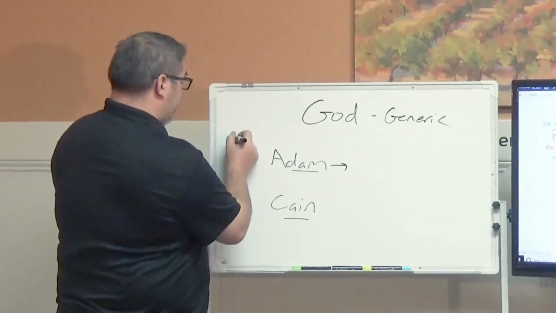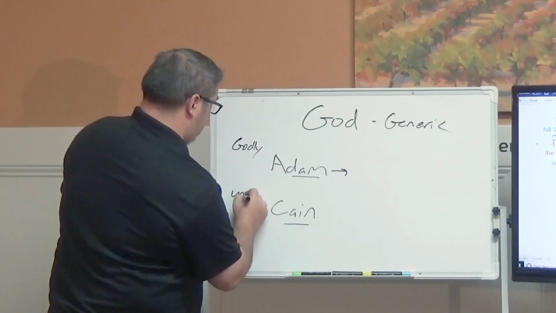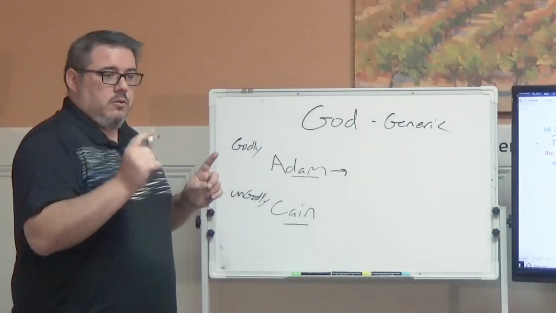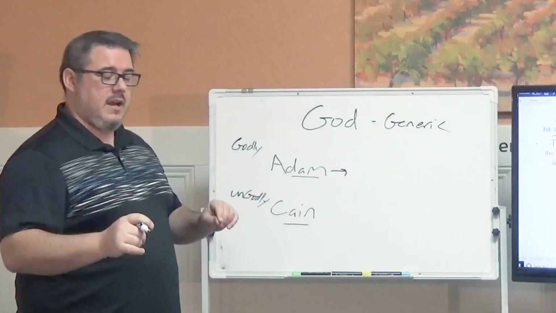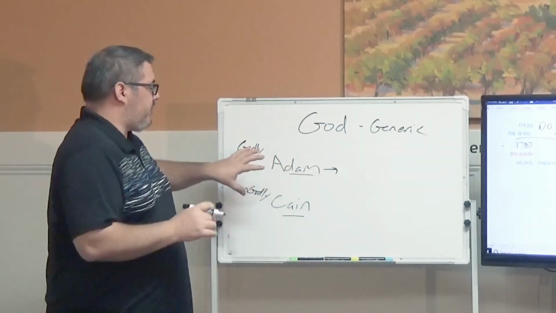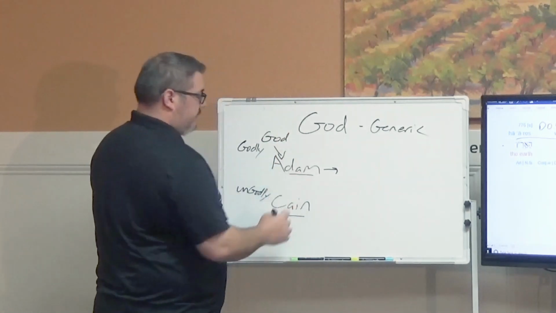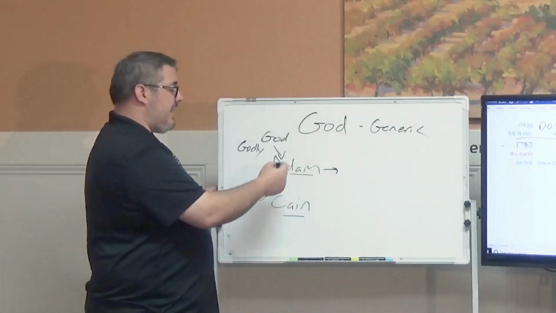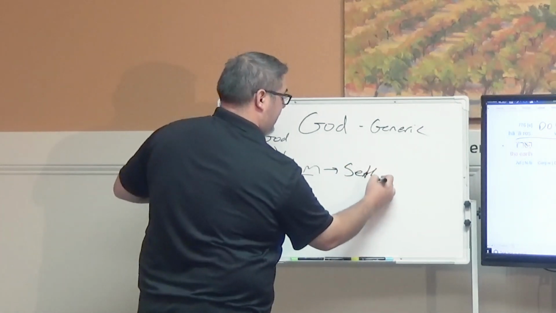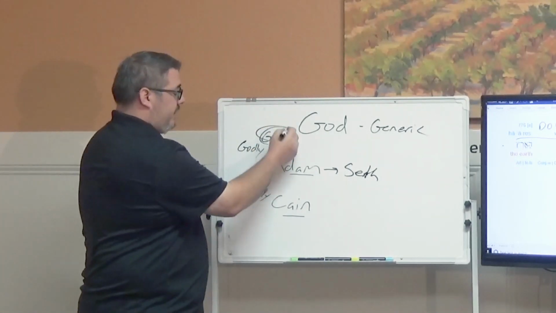So you've got godly and ungodly. If you look in Genesis when it gives their genealogy, the scripture will say that God created Adam in his own image. And then Adam bore a son in his own image, Seth. And it starts Adam's genealogy with God.